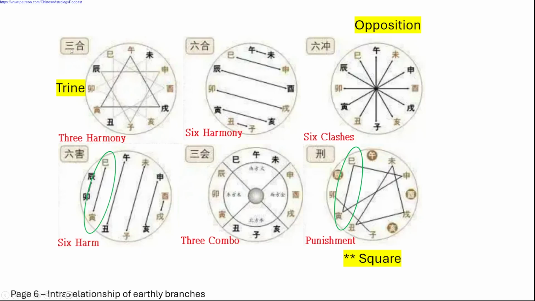For example, this 三合 is trine, this 六沖 is opposition. Trine, which is the three harmonies of animal signs, is usually considered as good. Opposition, as conflict of animal signs, is considered as misfortune and challenging years.